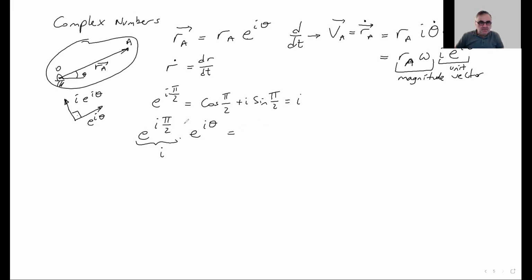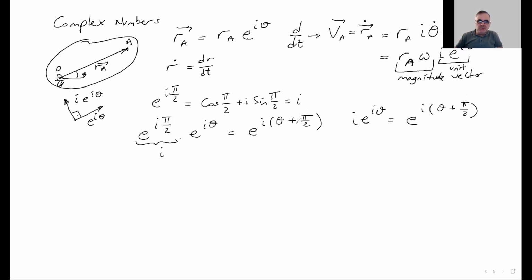You can write this as e to the i theta plus pi over 2, which means that i e to the i theta is equal to e to the i theta plus pi over 2.